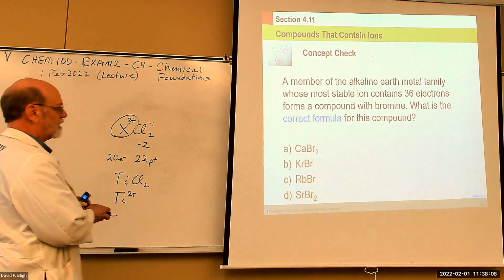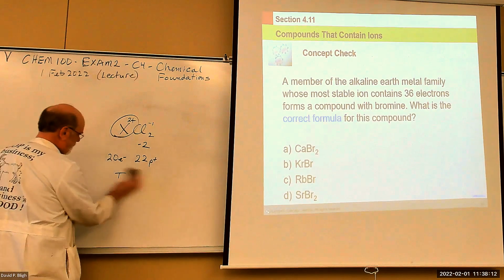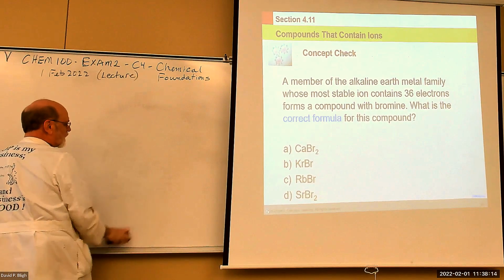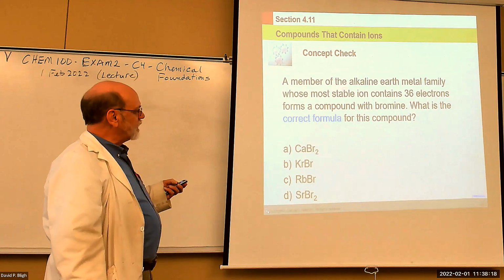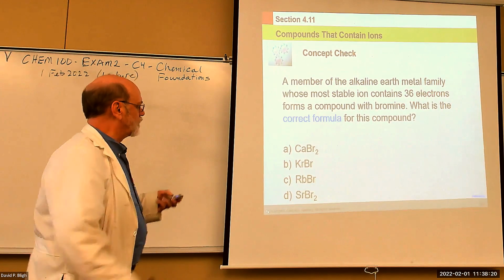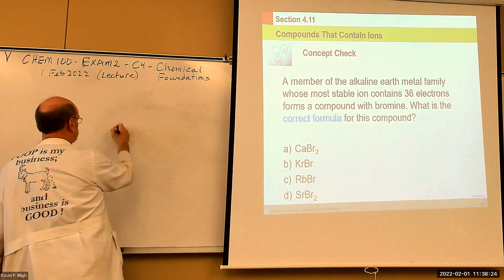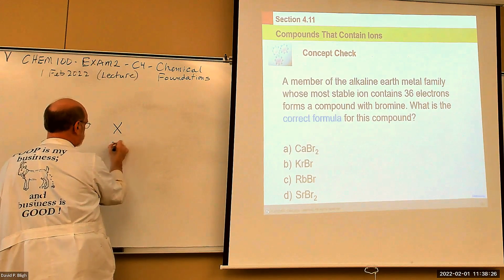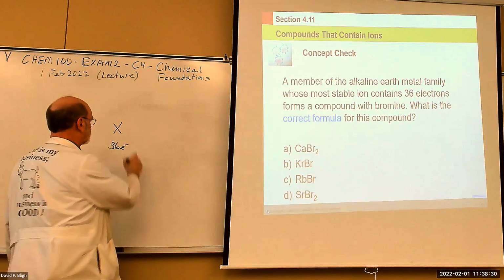How about this one? A member of the alkaline earth metal family. So we know that's in the second column from the left. Its most stable ion contains 36 electrons, and it forms a compound with bromine.